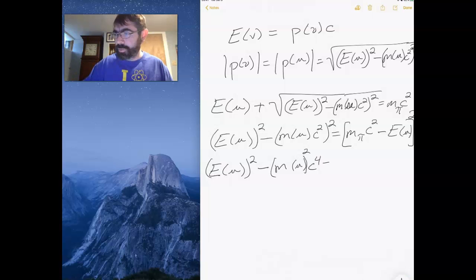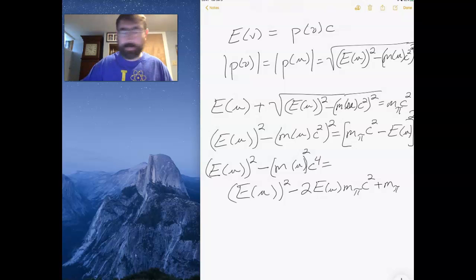is equal to now the energy of the muon squared minus 2 energy of the muon times the mass of the pion c squared plus the mass of the pion squared c to the fourth.